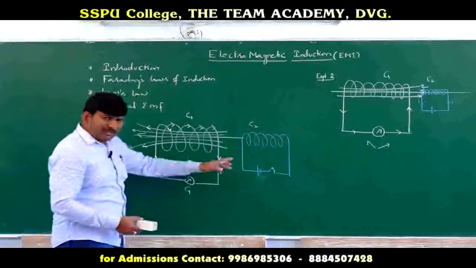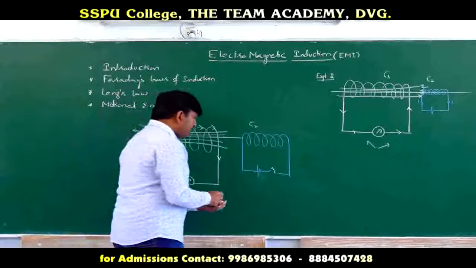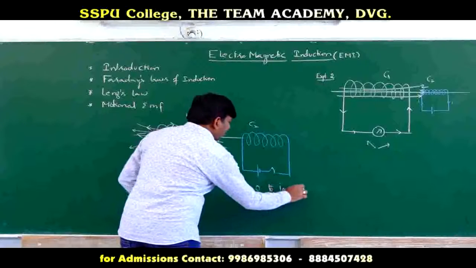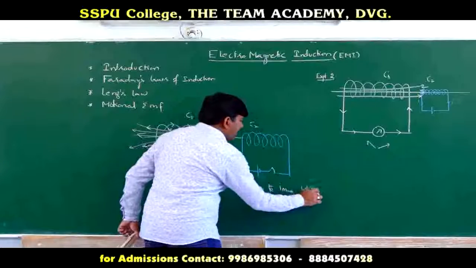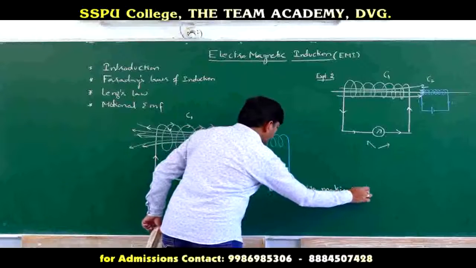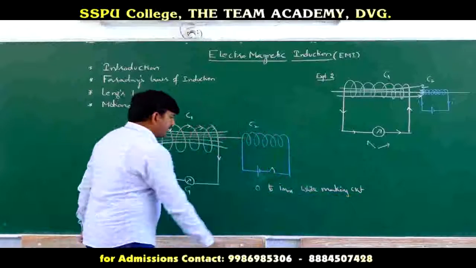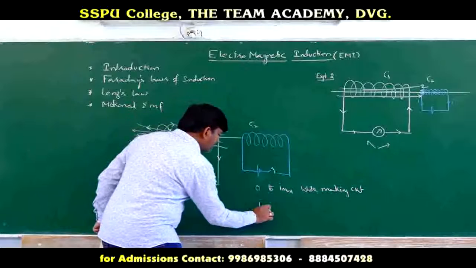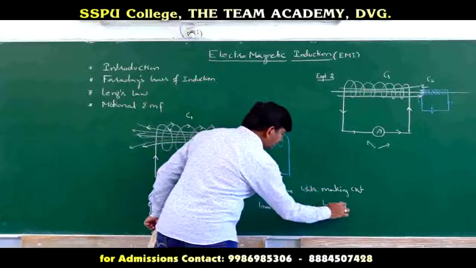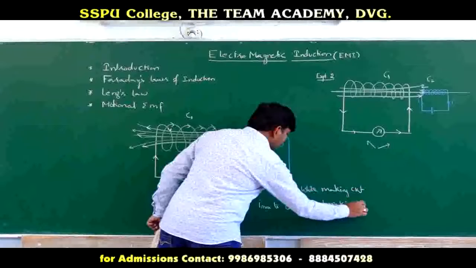When you are closing the plug key, current is increasing from 0 to a maximum while making the circuit. While making the circuit, current increases from 0 to maximum, and from maximum to 0 while breaking the circuit.